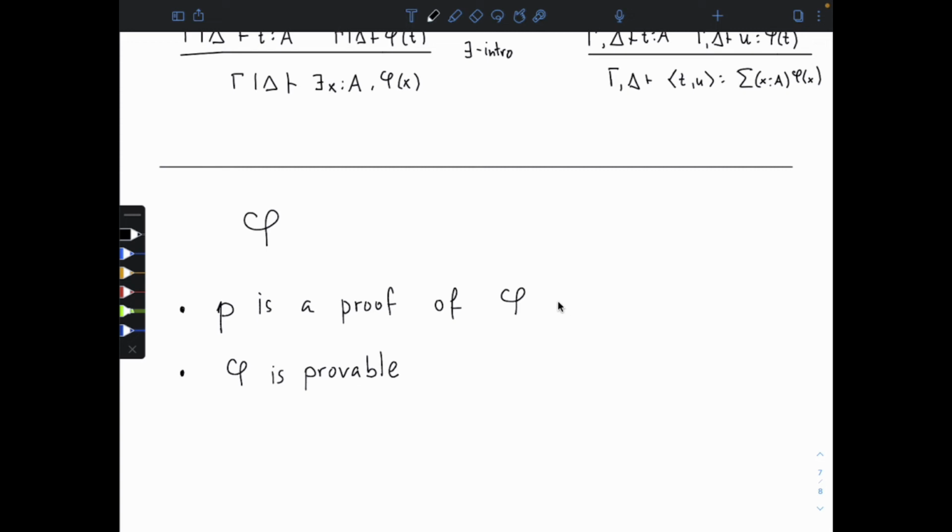This one leads to the idea of phi as a type. What are the elements of phi? Let me write it slightly differently. On this side we have logic. On this side we have type theory.